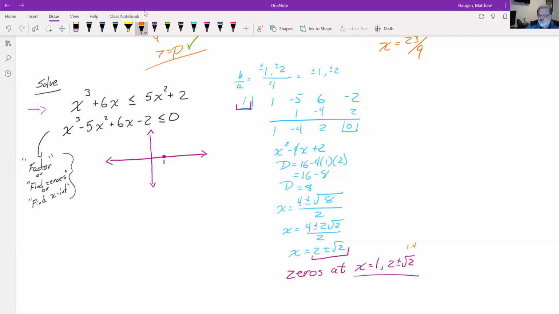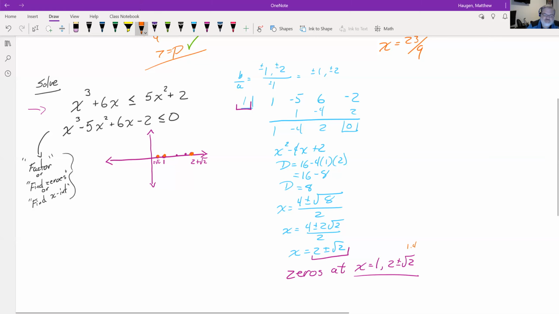So 2 plus 1.4 is 3.4-ish. So 1, 2, 3, 3.4. So right there, we're going to have our 2 plus the square root of 2. 2 minus the square root of 2, so 2 minus 1.4 is about 0.6. So there'll be another solution there at 2 minus the square root of 2. So we got 1 there, 1 there, and 1 there.